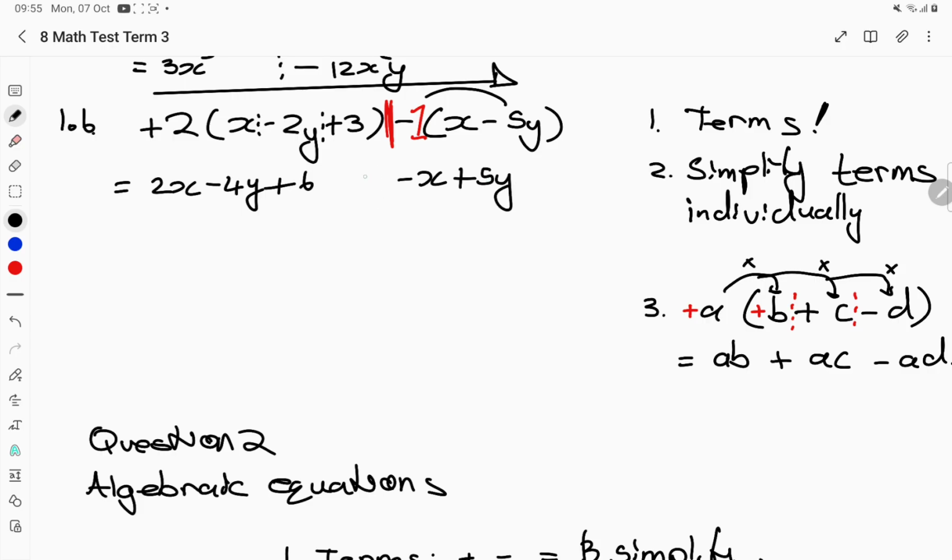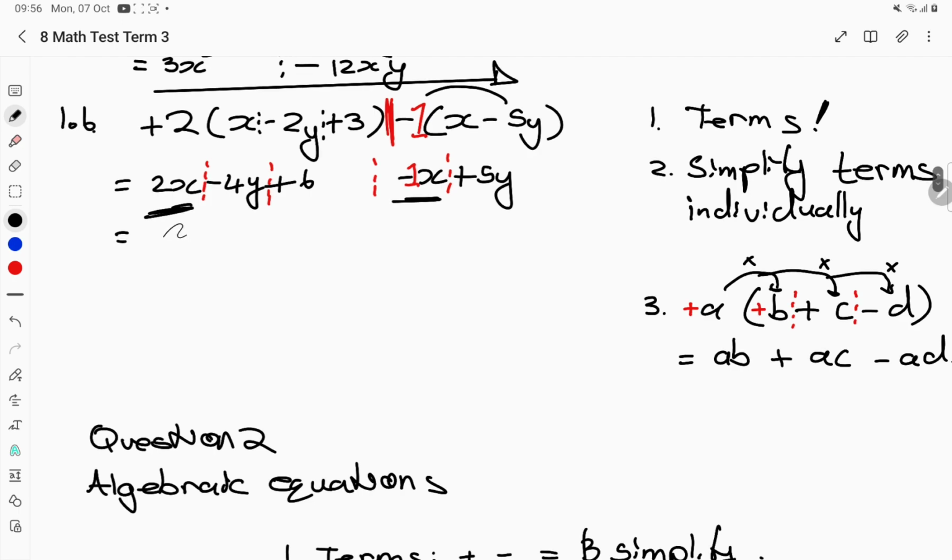So then we split our terms again. And we see where our like terms are, terms that have the exact same combination of letters, variables. So there's a 2x over here. Is there anything else with just the x in it? There. So what's 2x minus x? Well, there's no coefficient, so we put in that 1.